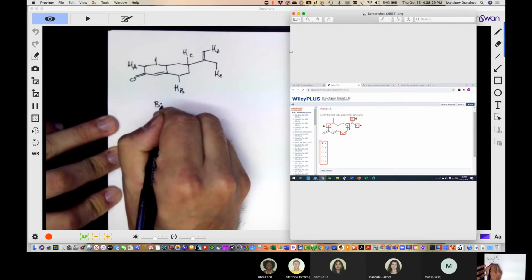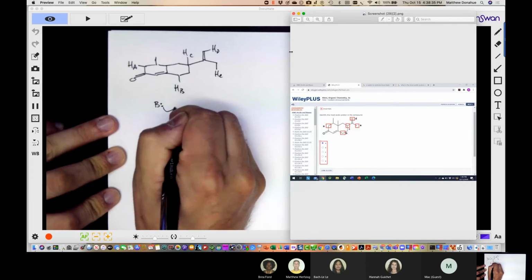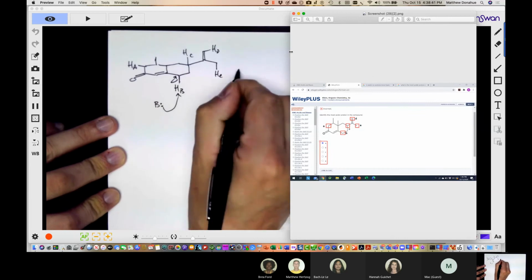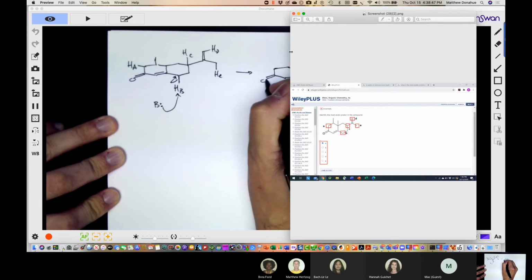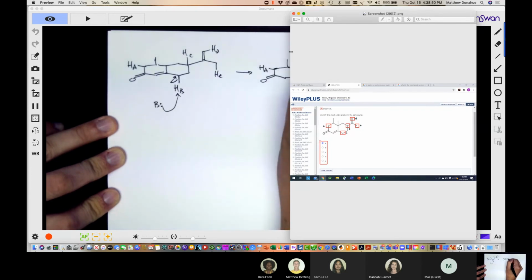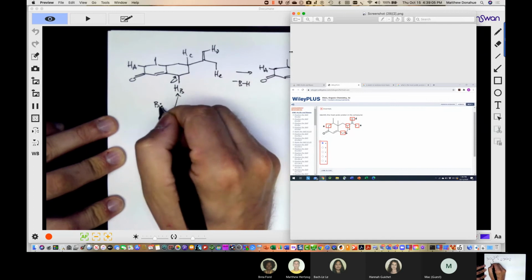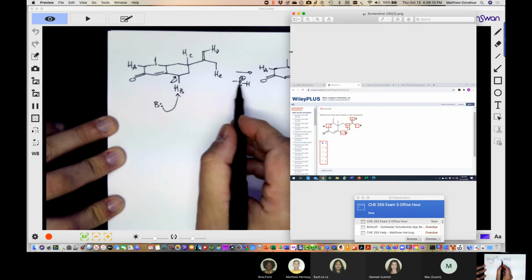So if you have some base, again, a Lewis base supplies electrons. We abstract that. We break this bond. The electrons go on that carbon. And I'm just going to abbreviate the structure so that I don't spend a lot of time redrawing stuff. So from here, I'm just going to abbreviate. So now there's your conjugate base, and then you're losing this as the conjugate acid. So that abstracts that. There's your conjugate acid.